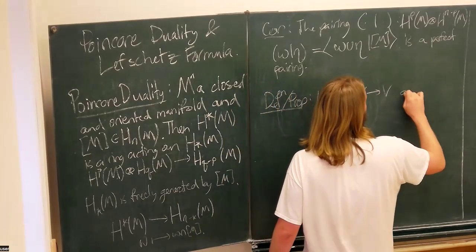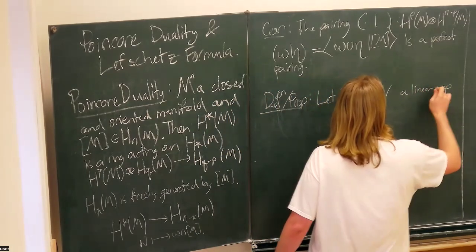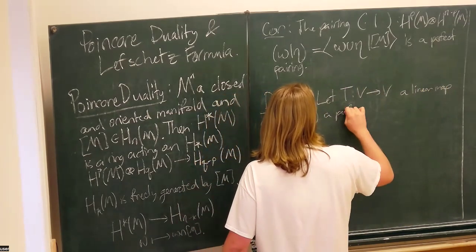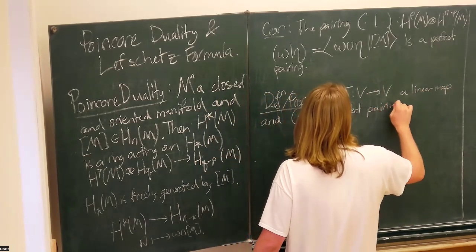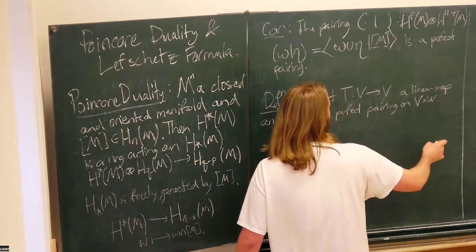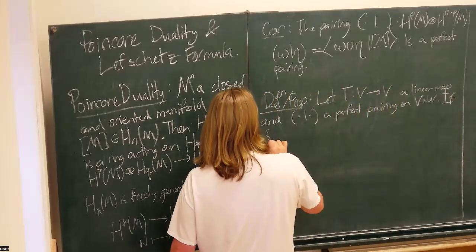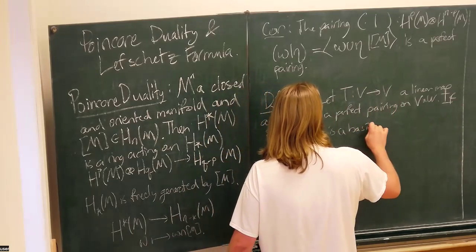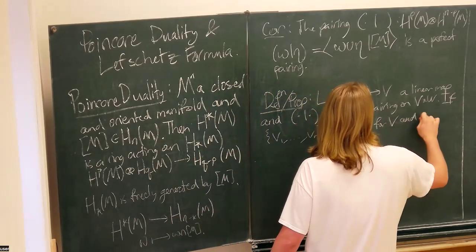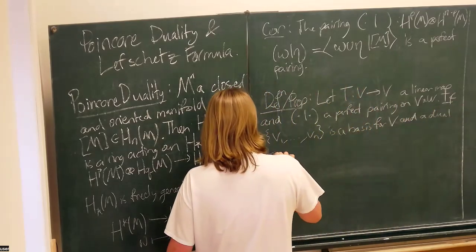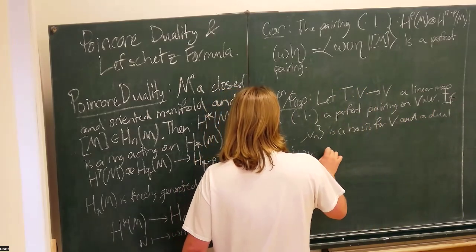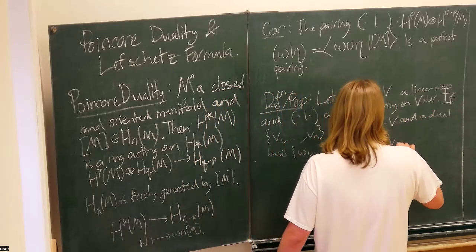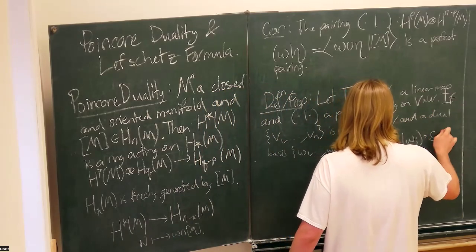So if we have a linear map T, V is finite dimensional, and we have a perfect pairing V times W. If you have a basis e_i for V and a dual basis f_j for W, and this just means that the pairing of e_i with f_j is delta ij.